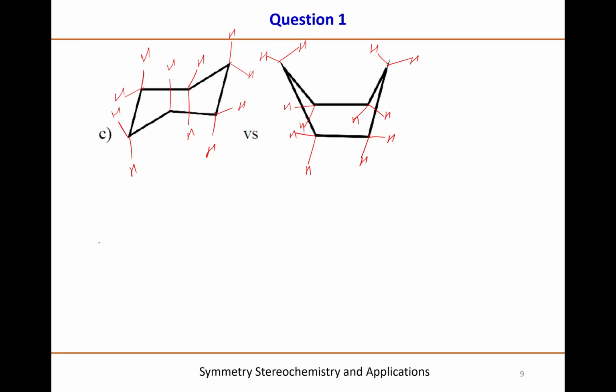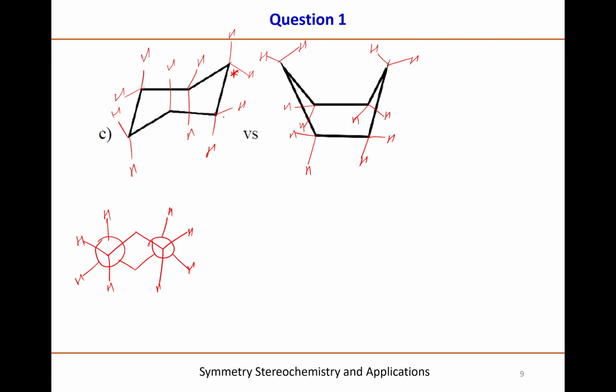So if I draw the Newman projection for this one, I will start from here. Okay, this is the way to draw the chair conformation's Newman projection. How am I drawing this one? By keeping any two carbons on a plane.